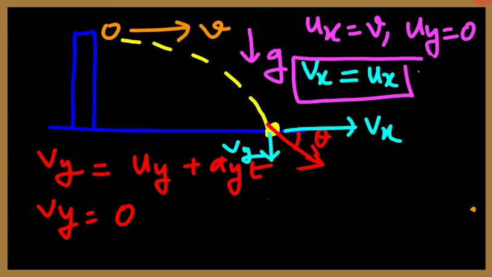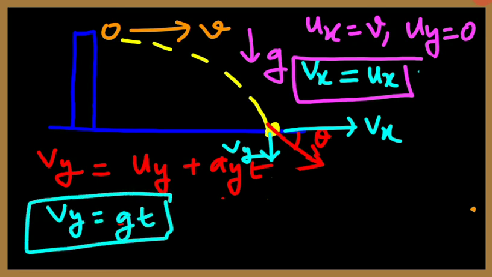So Vy will be 0 plus g into t. So I can write it down as Vy is equal to gt. So Vx is equal to V, and Vy is gt.